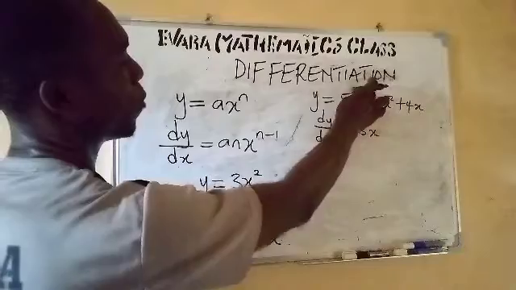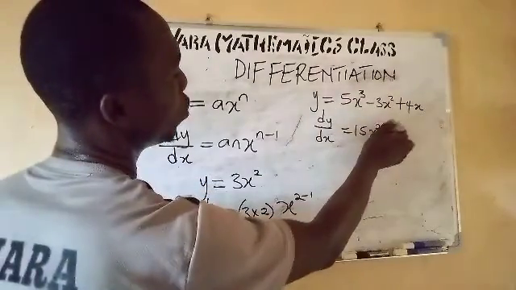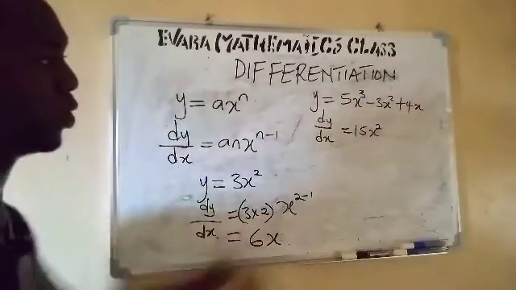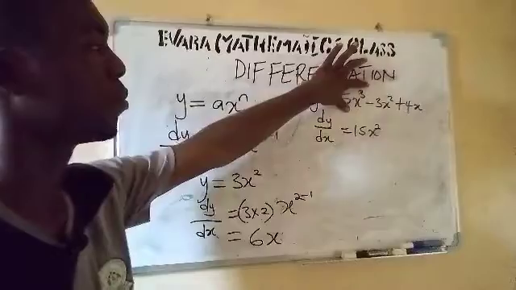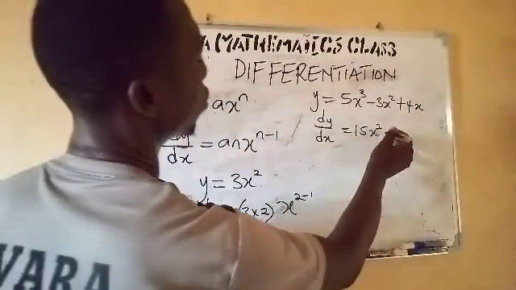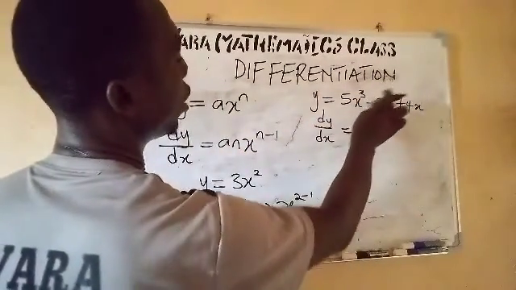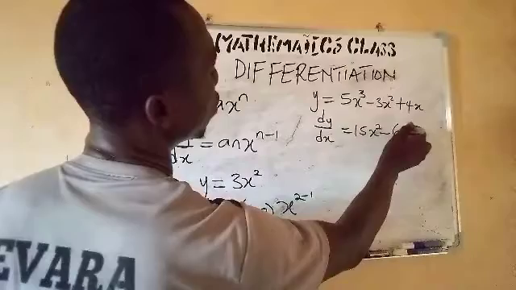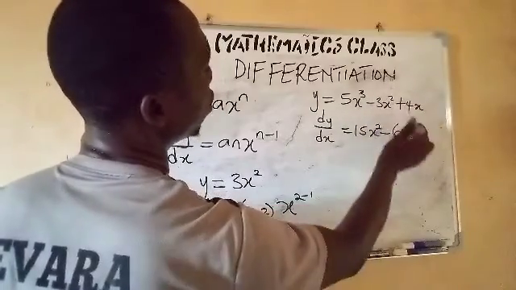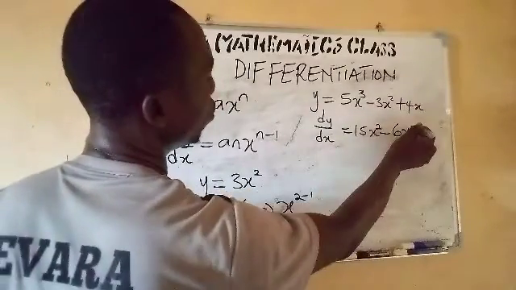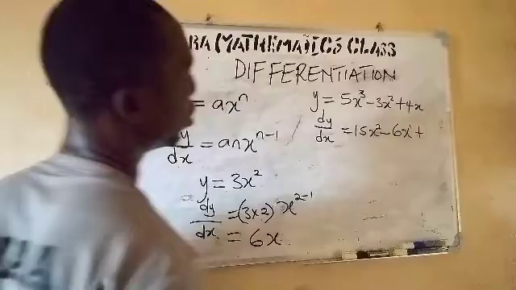Then you take away 1 from that 3, you are left with 2. So we've differentiated this part now. Minus 3 times 2, 6x. If you subtract 1 from the 2, you are left with 1.